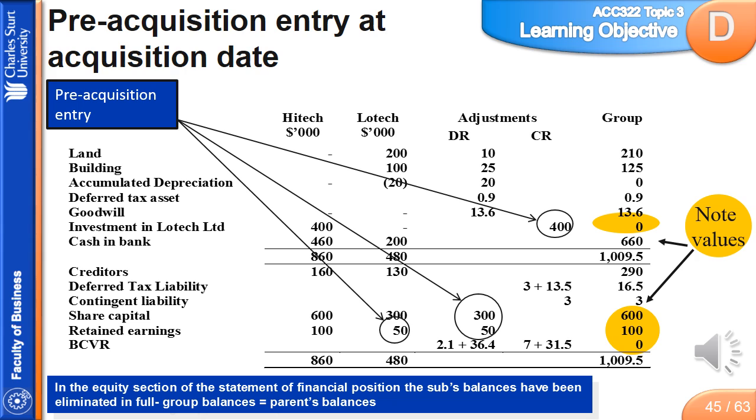There is no statement of profit and loss and other comprehensive income in this example because there's been no period since acquisition to prepare that, and no intergroup transactions to consider.